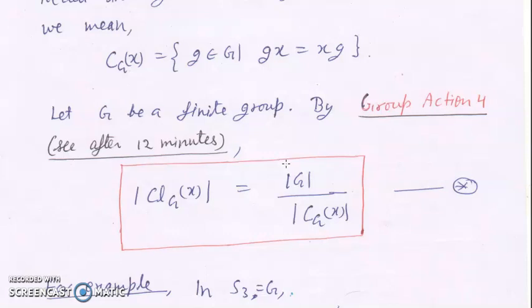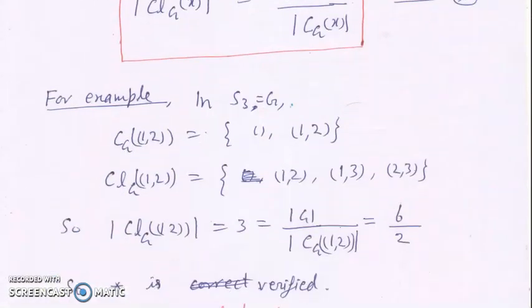One more thing has been proved in this lecture group action 4, and that thing is if G is an infinite group, even then there is a one-to-one correspondence between the conjugacy class of x in G and the set of left cosets of the centralizer of x in G. Now let us see it by an example.